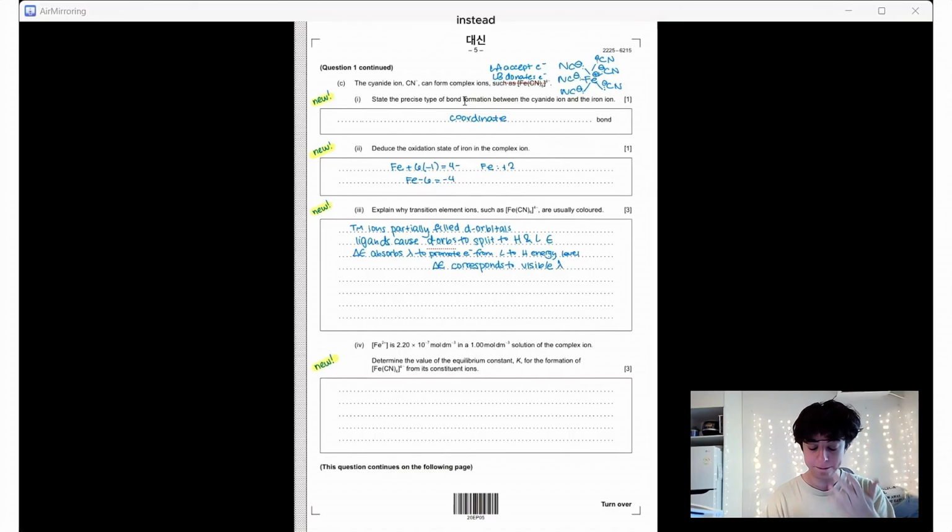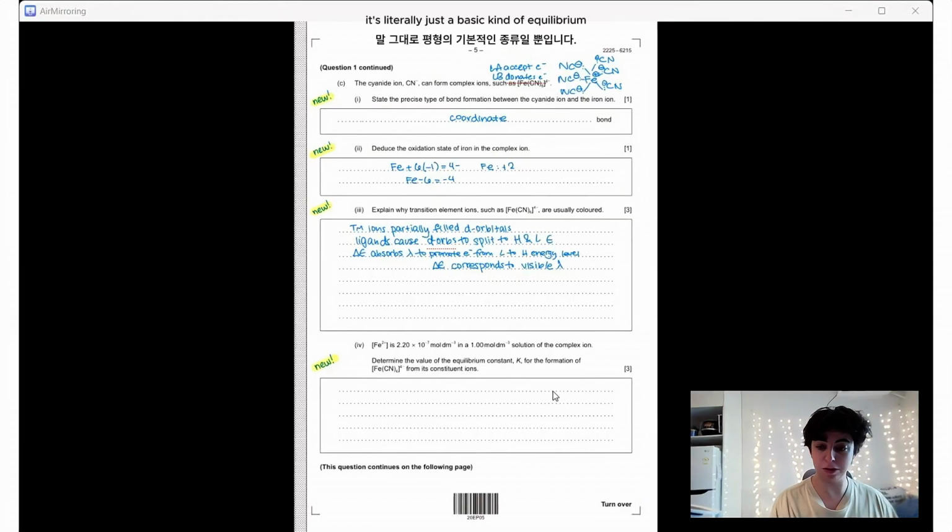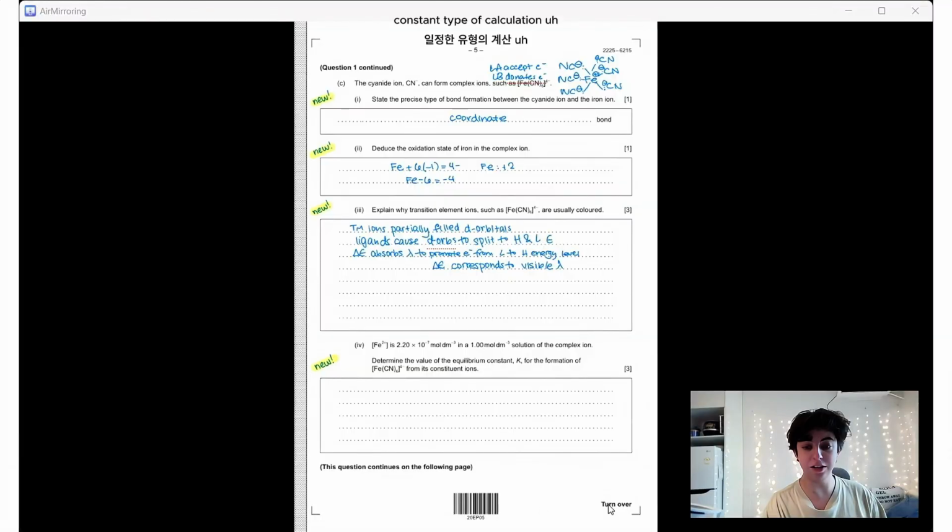Okay, and so for this part 4 it's literally just a basic equilibrium constant type of calculation. It gives us this concentration of Fe2+. And so our overall solution of the complex ion is 1 mol dm^-3.